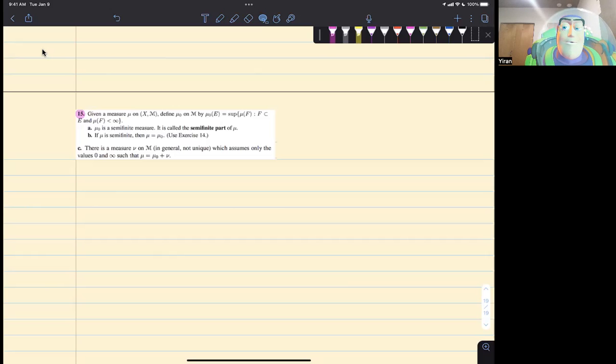Because Fn is a subset of E and the measure of Fn is finite, that together implies... so let's do a recall first. Recall that the measure mu naught of E is equal to, I think I wrote it earlier.